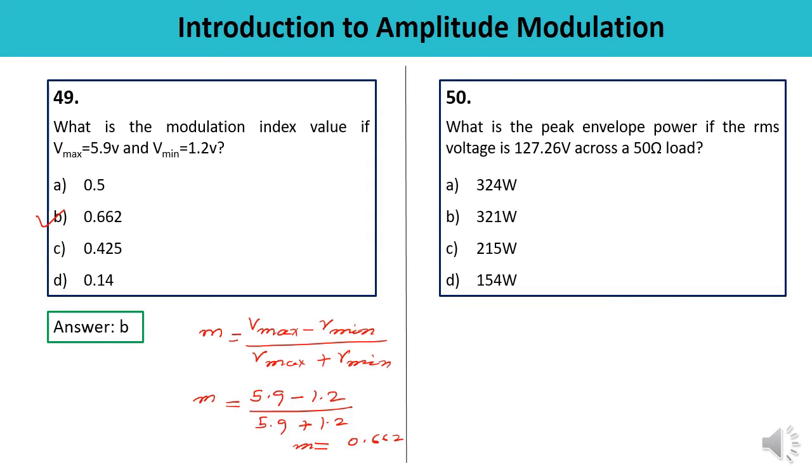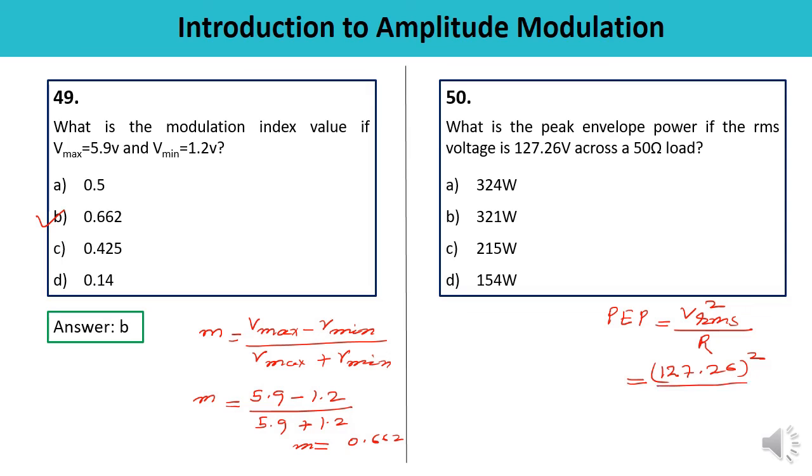Next, what is the peak envelope power if RMS voltage is 127.26 volt and it is across a load of 50 ohm? So the peak envelope power you can calculate by the formula V RMS square upon R. V RMS is given, 127.26 volt.